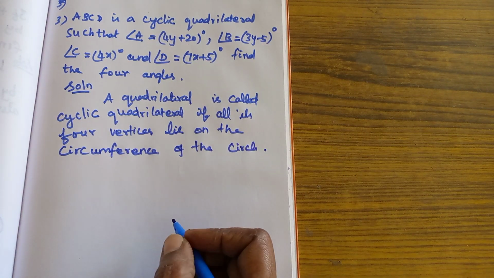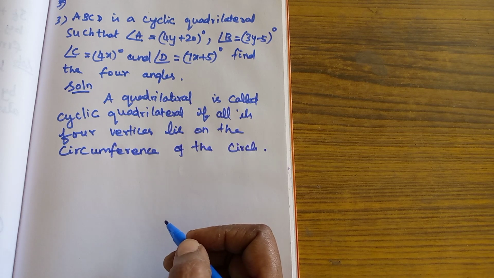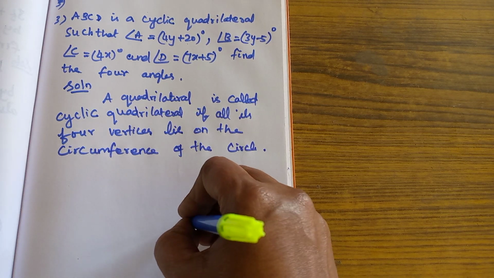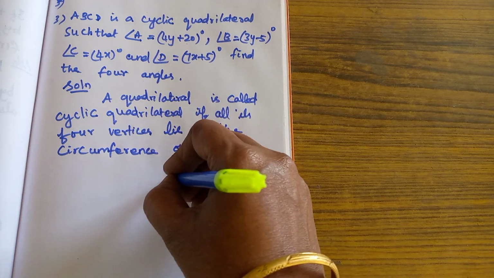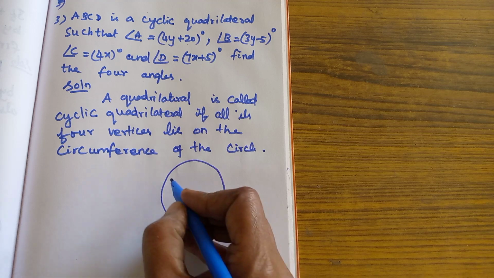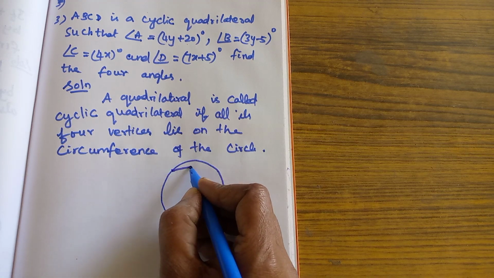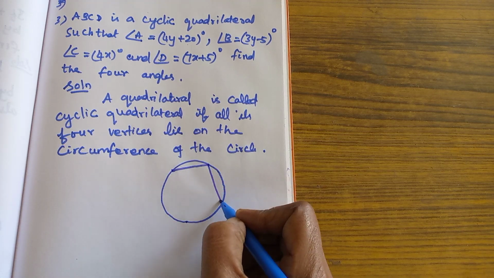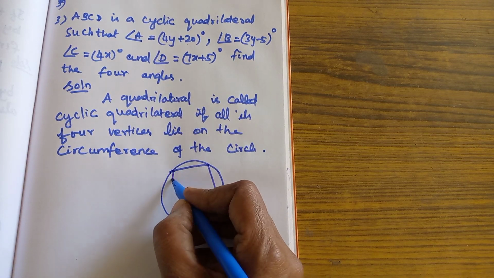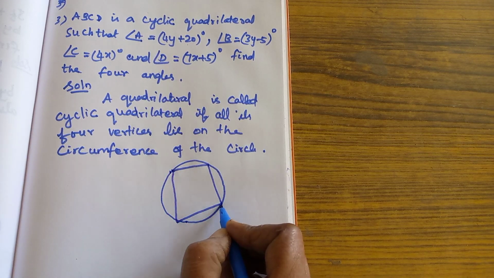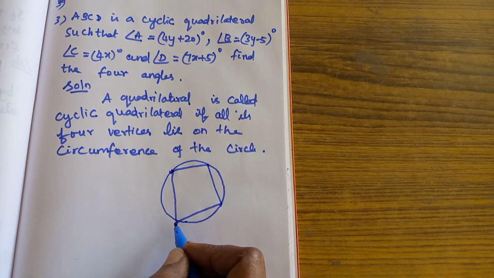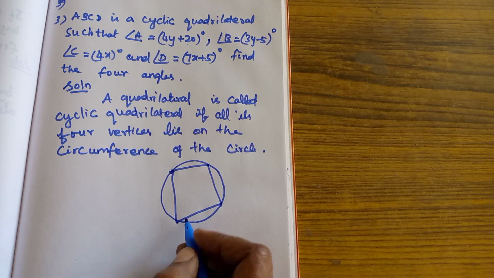Let us draw the circle with the cyclic quadrilateral. See here, these 4 vertices lie on the circumference of the circle, so this quadrilateral is known as cyclic quadrilateral.